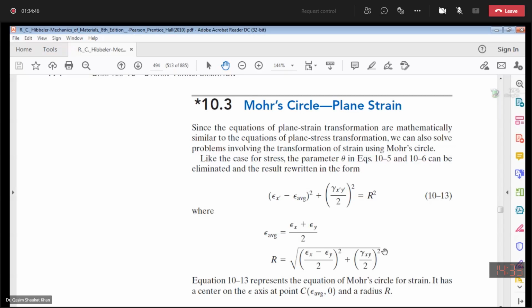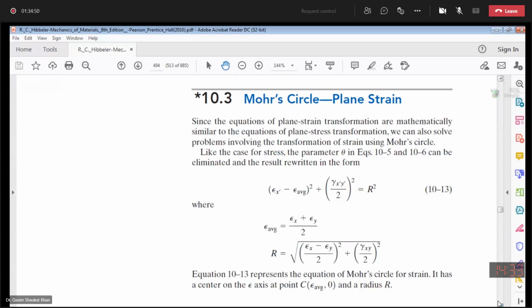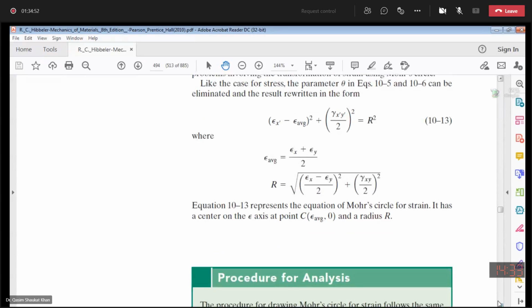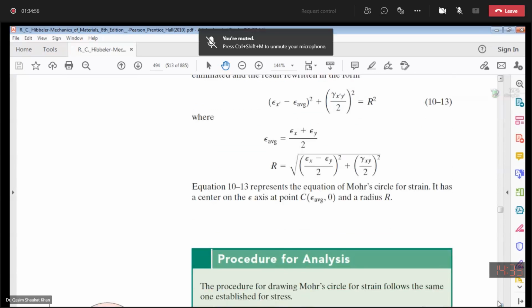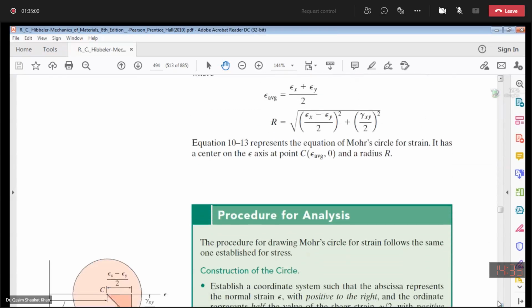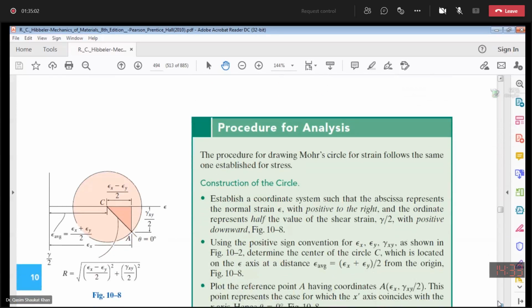Now the procedure for the analysis, or you can say the steps for the construction of the Mohr circle. Construction of the Mohr circle will be very much similar to the construction of the Mohr circle for plane stress.